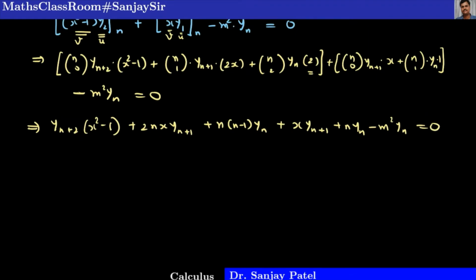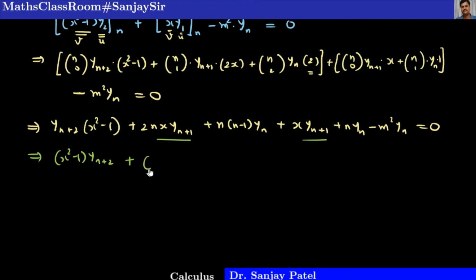Okay, now simplifying again, so x square minus 1 into yn plus 2, and let us collect the terms containing yn plus 1. One is here and other is here. So what is common in this? 2nx plus 2nx, and x is here. So x into yn plus 1 is common.